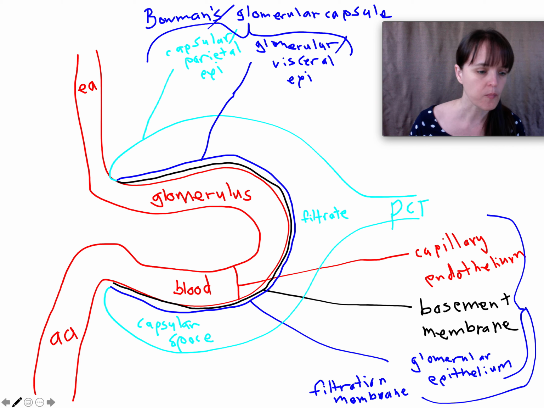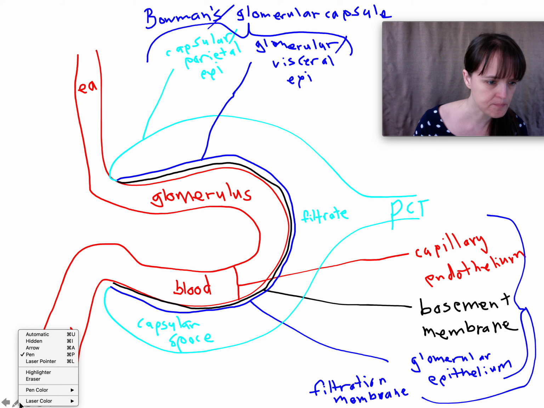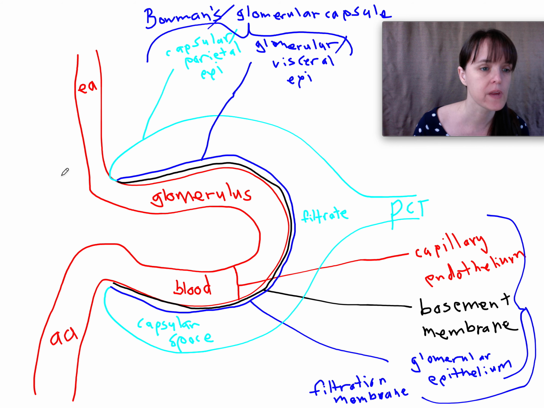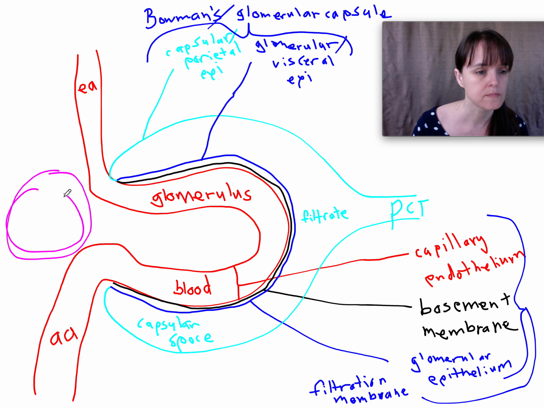Okay. And then we should make note, oh, we haven't done magenta yet. Of the distal convoluted tubule. Probably make circles for nuclei, but. And these cells are meant to be the macula densa.